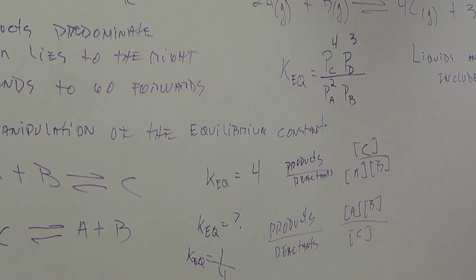Let's do this one now. A plus B gives you C, yes? And let's say these are gases, okay? The equilibrium constant for this, still 4.